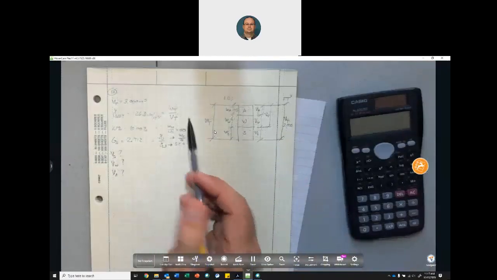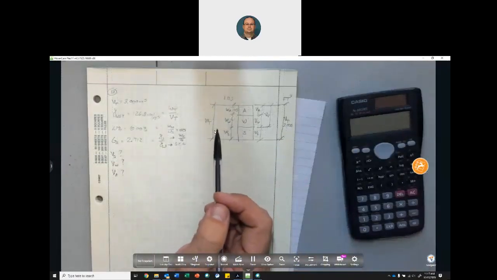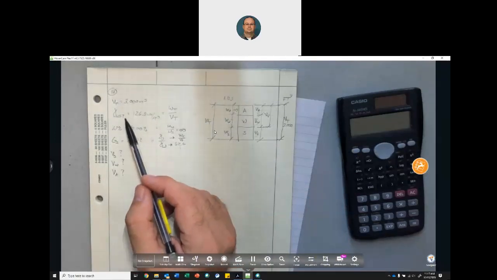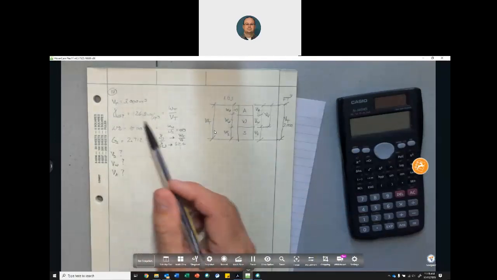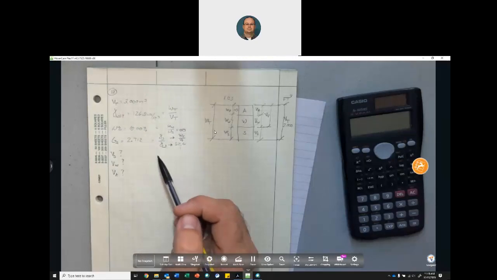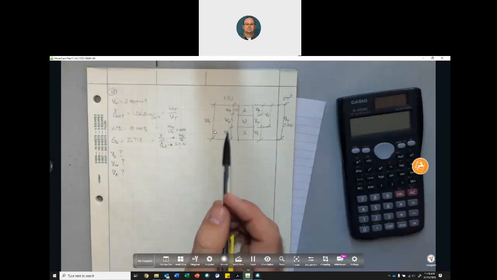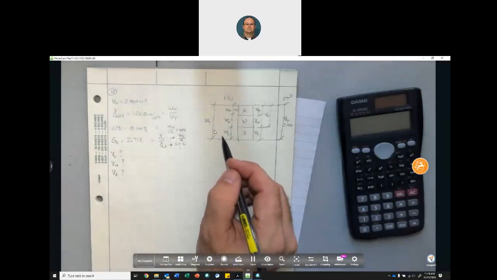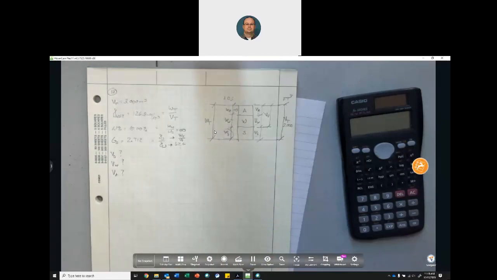Okay? All right, so wet density. For us to get the volume of solids, the key is to get the weight of solids. We need to find the weight of solids.